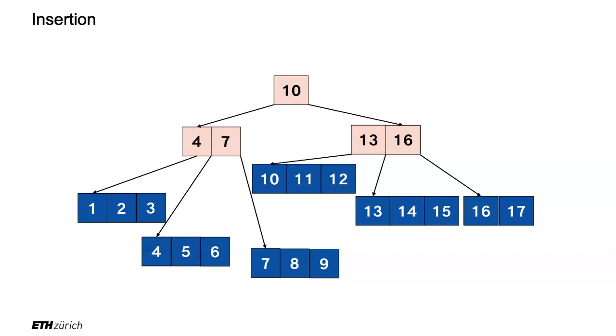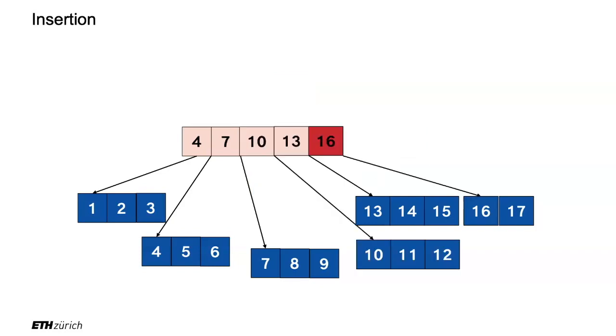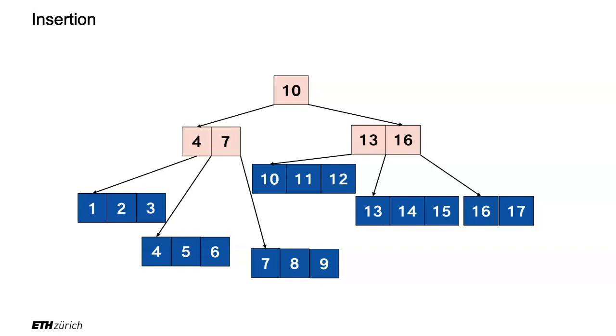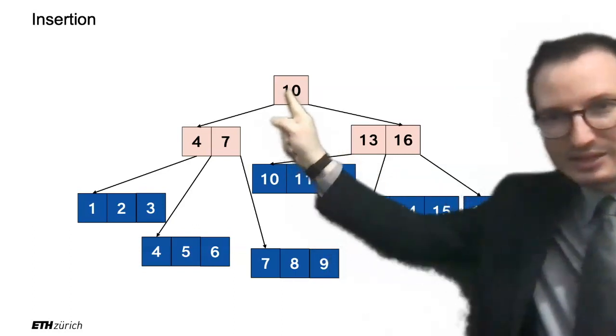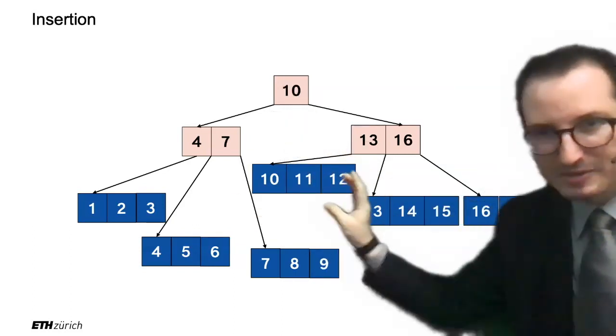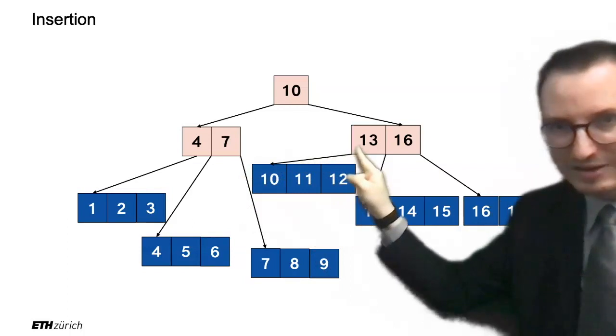Why is there no 10 in the second layer? That's because, do you see 10, 11, 12? It's in a leaf. We don't actually need it, because it's already the leftmost of the right node. Let me show it right there. What is between 10 and 13 is basically this, so all of that is on the left of 13.